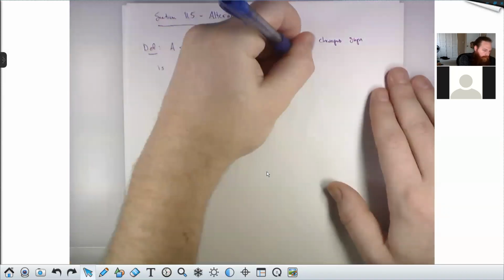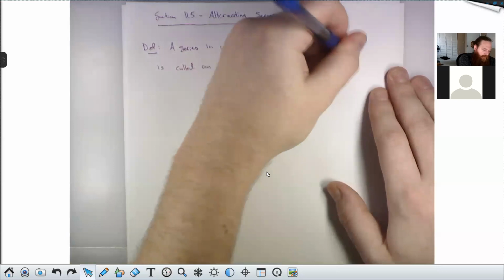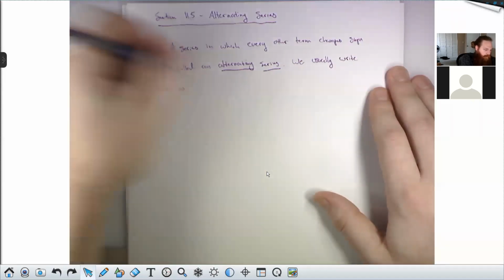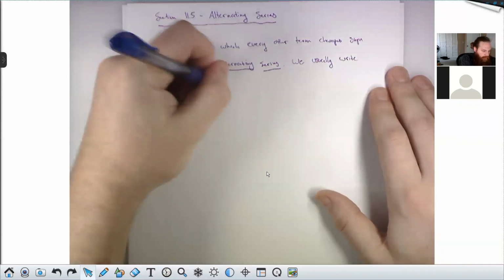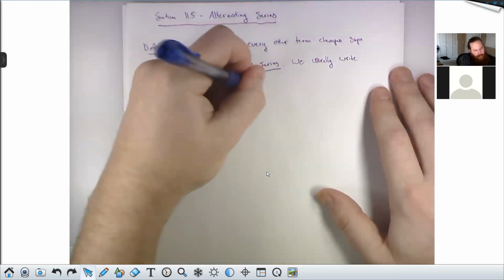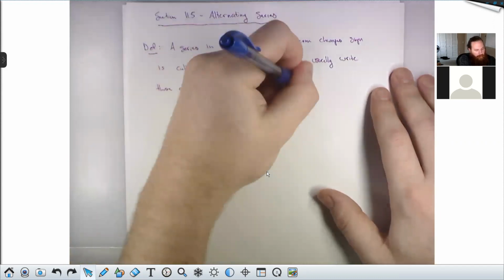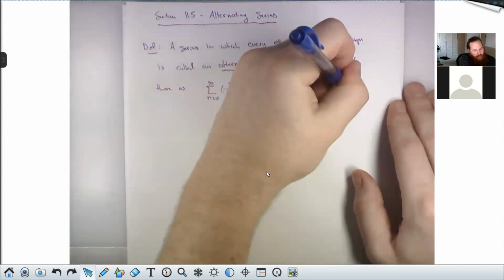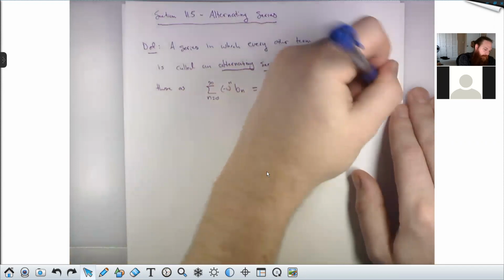We usually write these as sigma n from 0 to infinity, (-1)^n b_n. So that would be b_0 minus b_1 plus b_2 minus b_3 plus b_4 minus b_5 and so on.